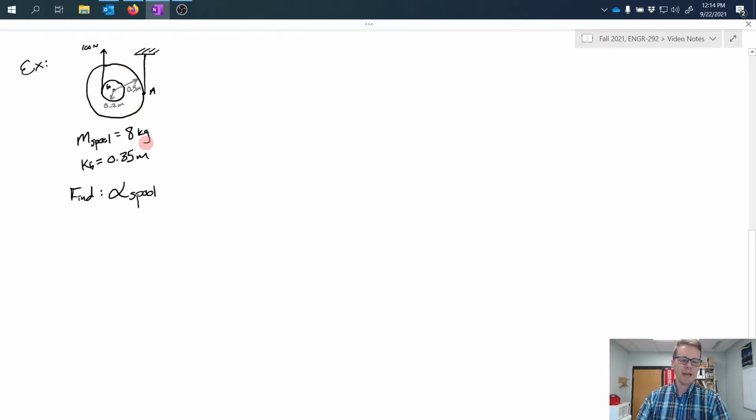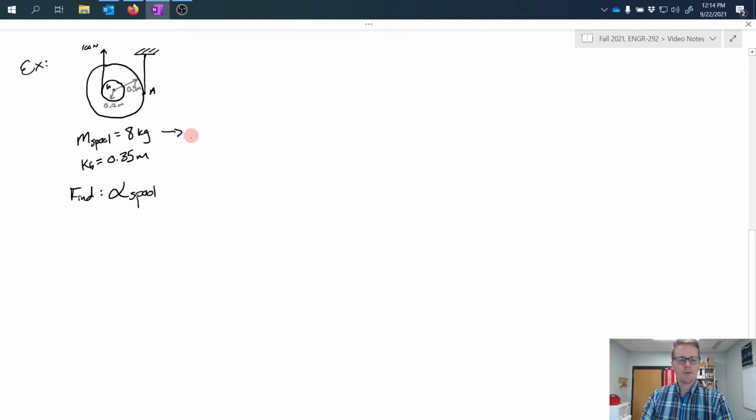We're given that the mass of the spool is 8 kilograms, and the radius of gyration is 0.35 meters, and we want to find the angular acceleration of the spool as it's being raised up with this 100 Newton force. So a couple of things that we'll first want to do is make some conversions, calculate some of our base quantities.